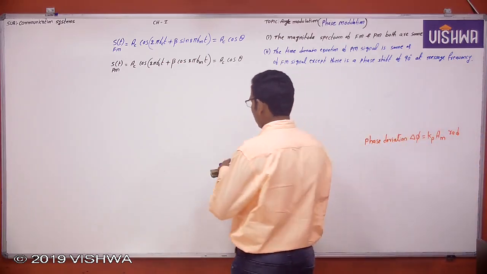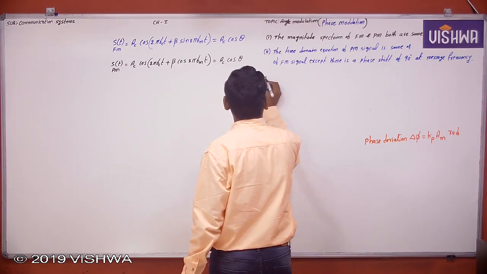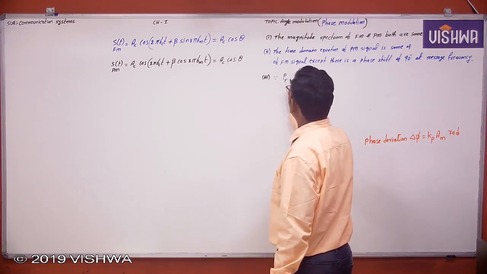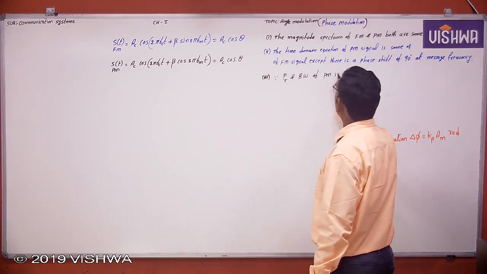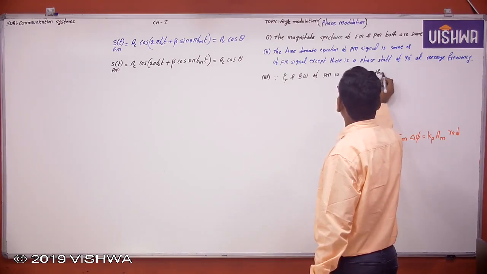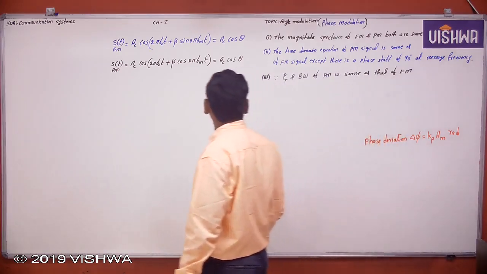Therefore, the magnitude spectrum is the same, both are the same. Therefore, the total power and bandwidth of PM are the same as those of FM. Now what is the total power?